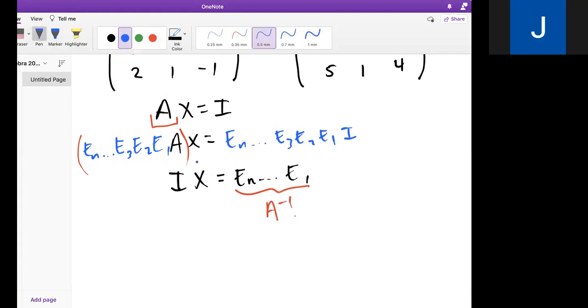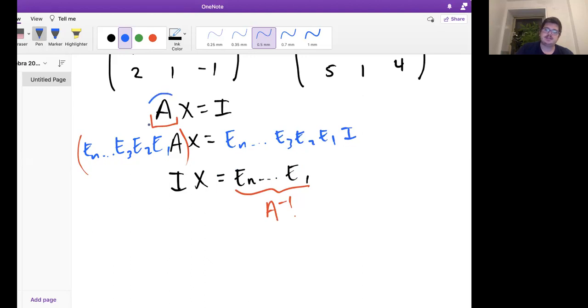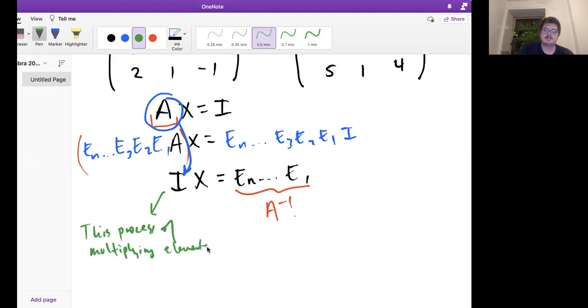So we saw that doing this process of multiplying elementary matrices to get the identity is equivalent to putting a matrix in... So remember, elementary matrices are the row operations.